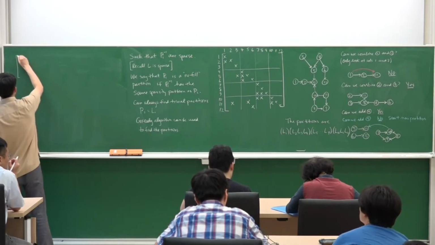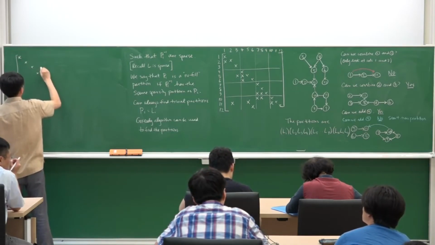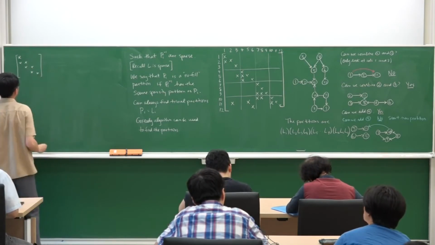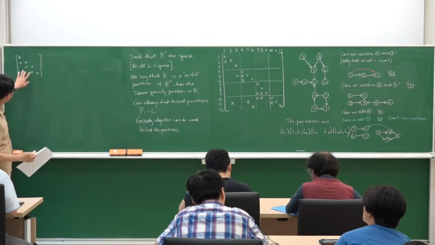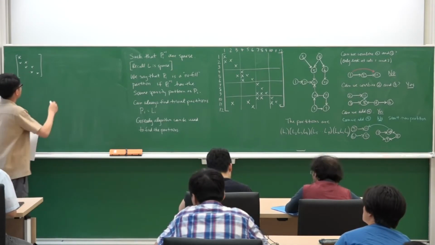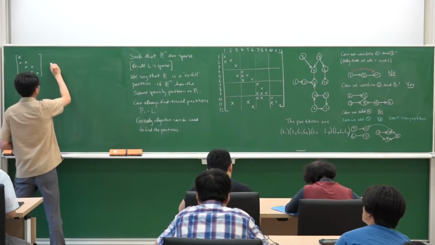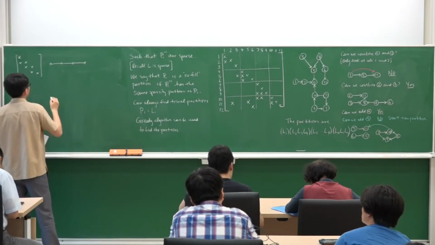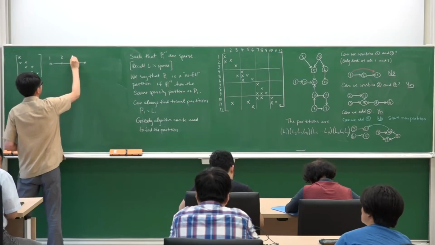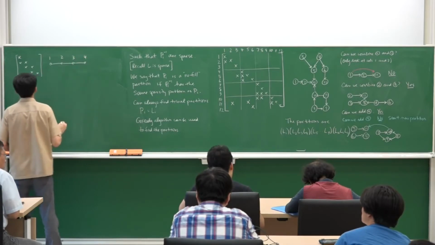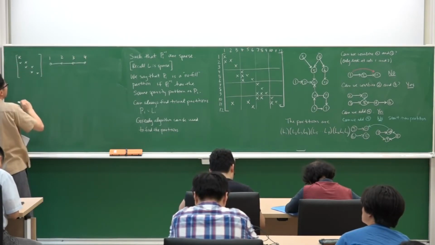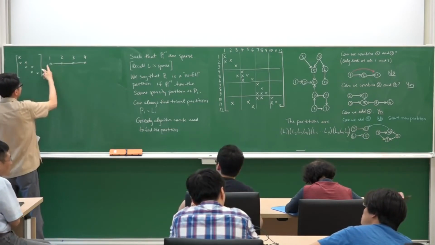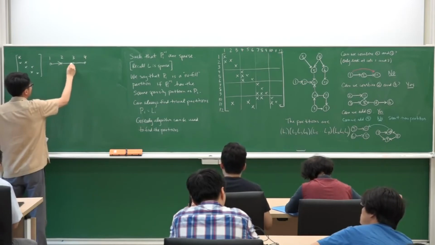So maybe I'll draw the matrix. Okay, so the lower triangular part of a tridiagonal matrix is this bidiagonal matrix, and the graph looks like this. Right? So if we number the rows and columns, we get this numbering, and here are the arrows.